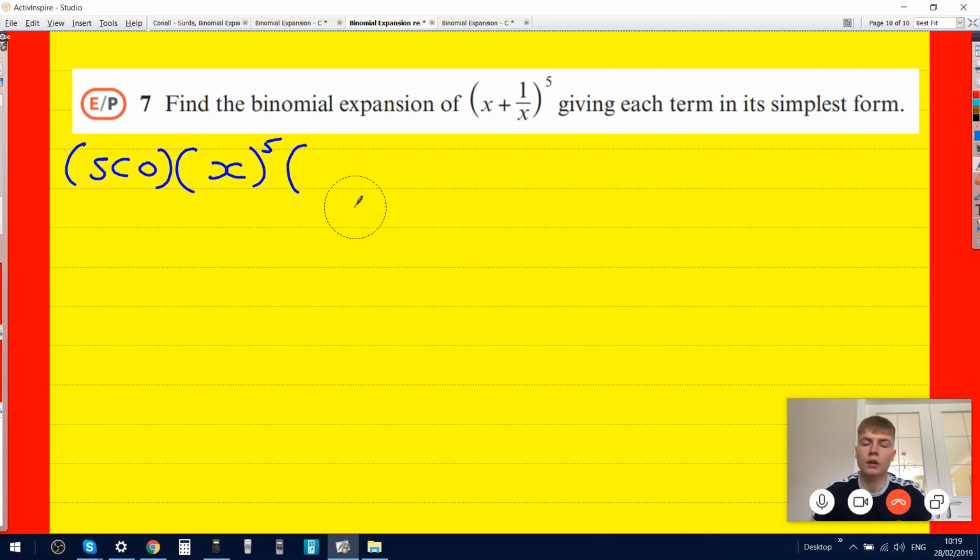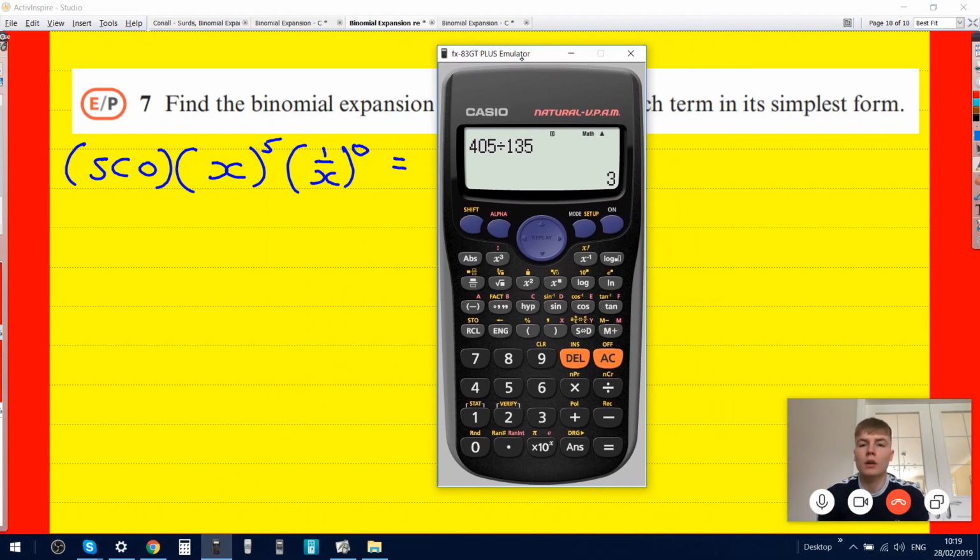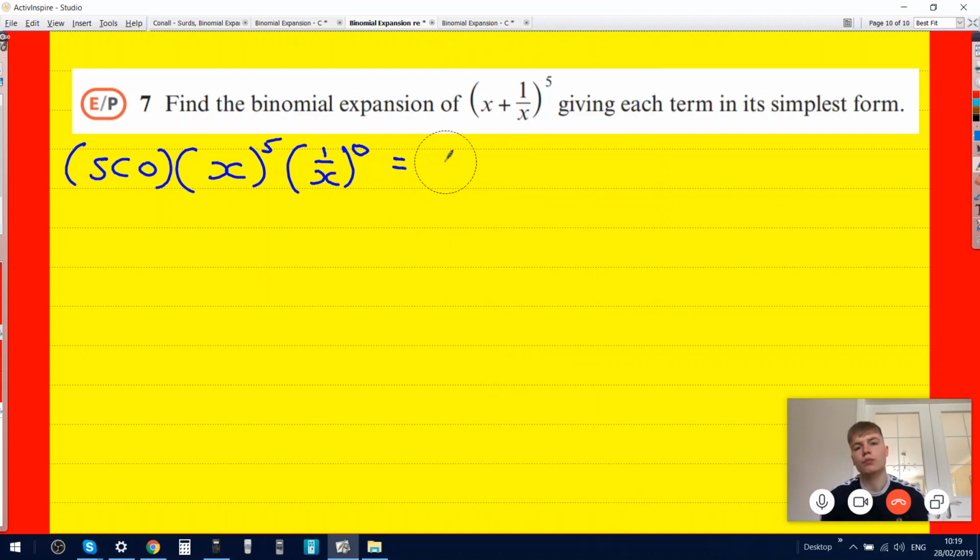And then 1 over x to the 0. And so what would I put in the calculator for this first one? 5C0. And then is it just 1 over x? You get rid of the x, and then times 1. So that's just 1.